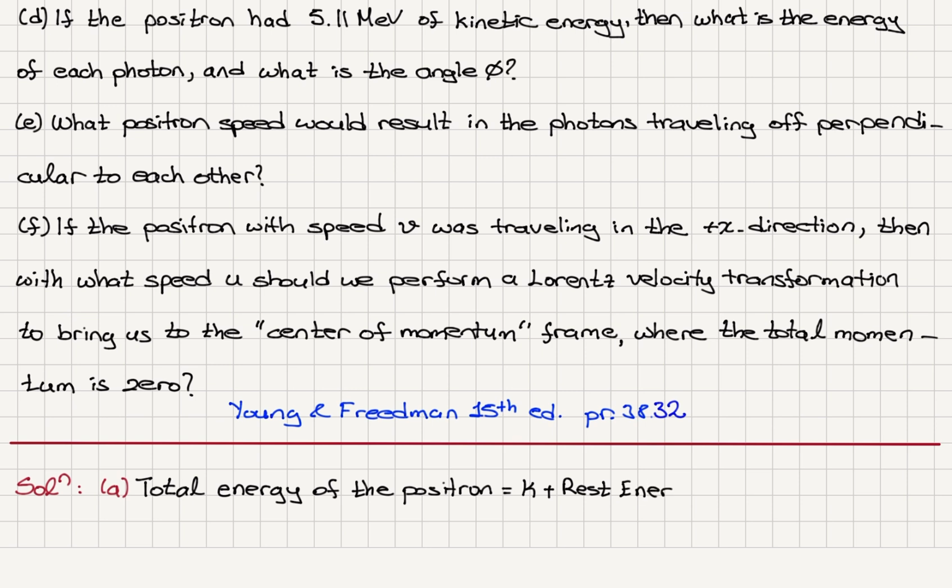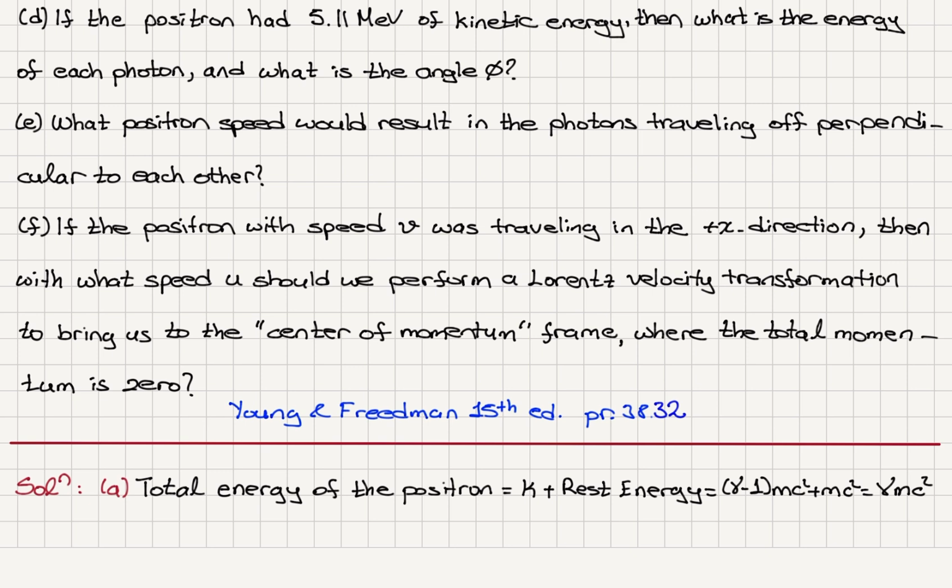So the total energy of the positron will be (gamma minus 1) mc square plus mc square, which will be equal to gamma times mc square. That's the total energy of the positron.